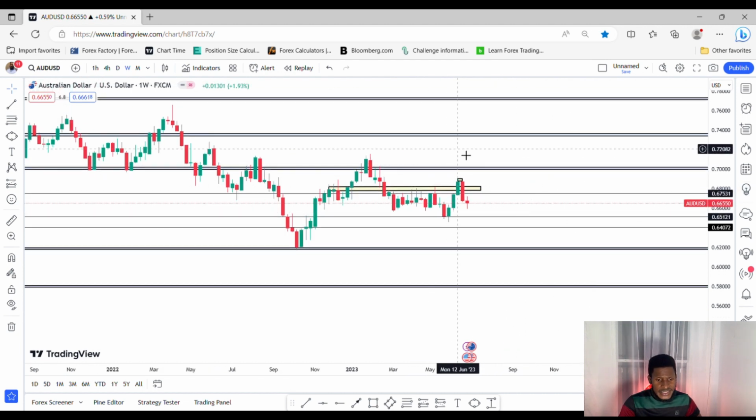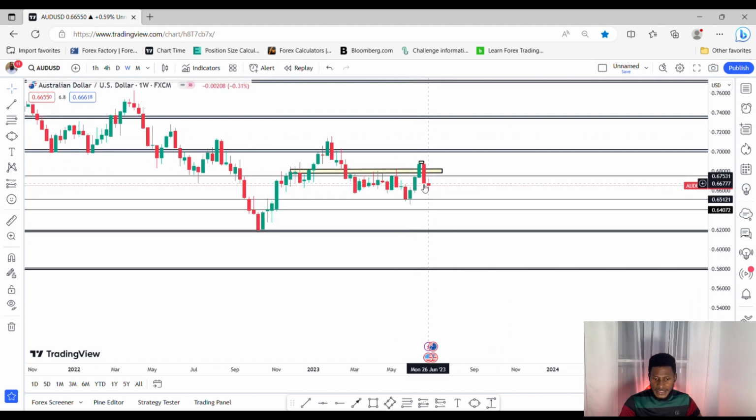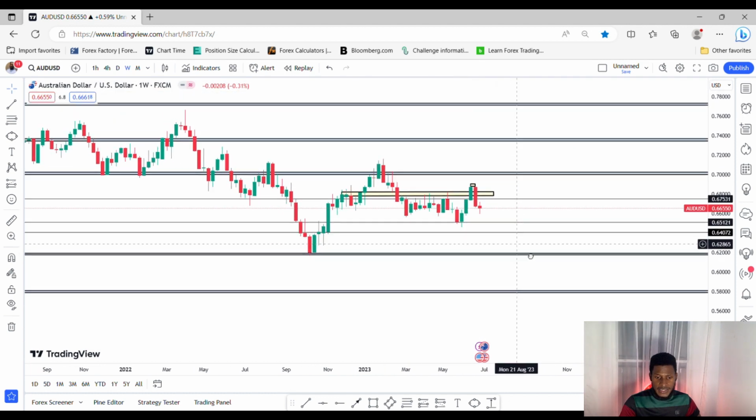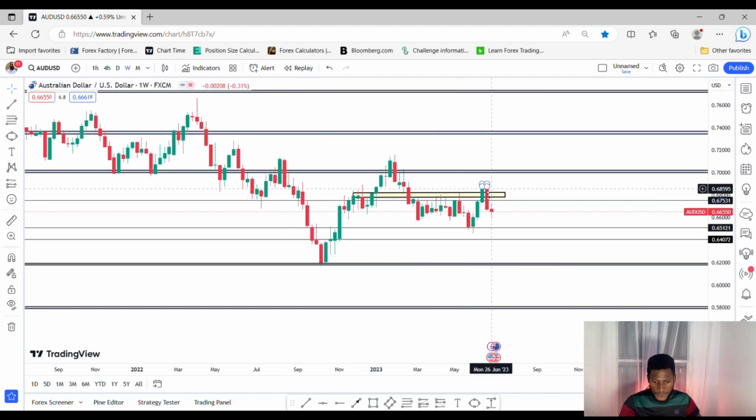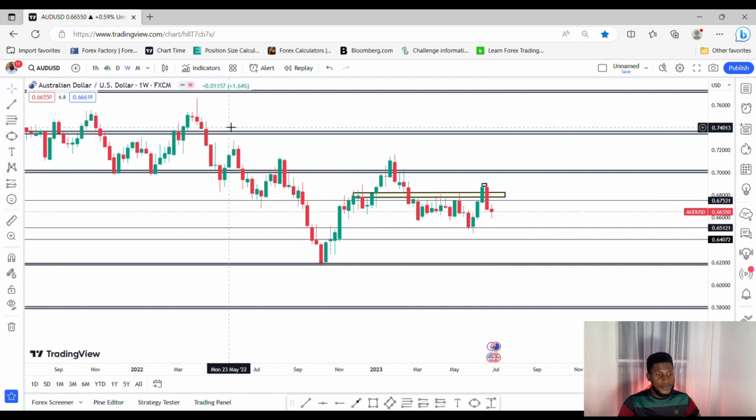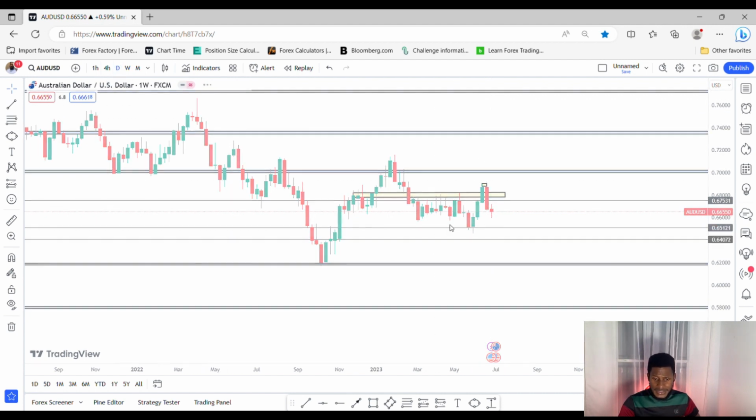And I can also see a candlestick pattern that is looking very nice, and that is the bearish engulfing candlestick on this minor level of resistance. Suppliers are heavily invested in this minor level, and I can see a bearish engulfing candlestick right on the weekly time frame. So what does that mean?